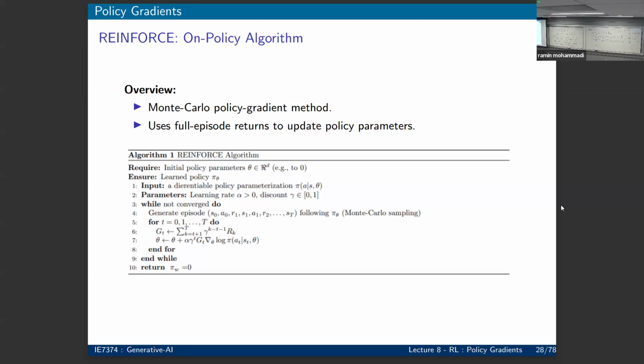You repeat this over and over again. It simply uses the gradient of the log of this probability times the total reward times some discount factors, plus the previous theta that you have. So that becomes the REINFORCE algorithm.